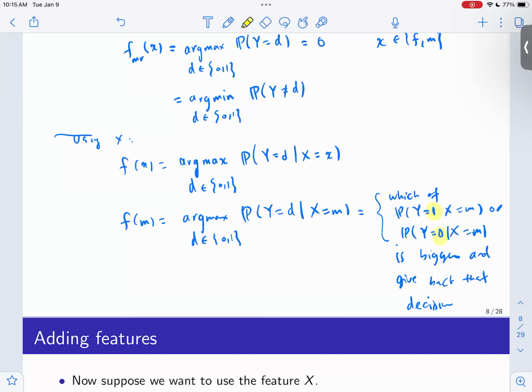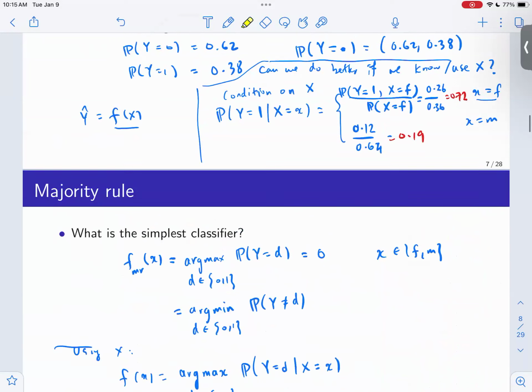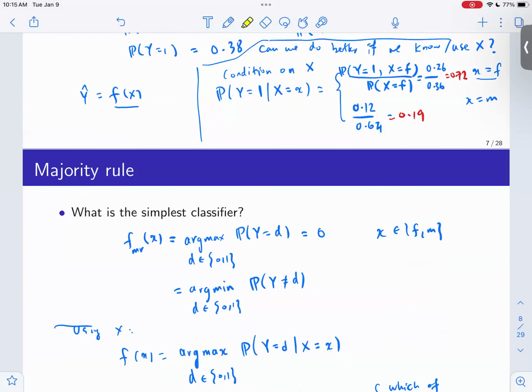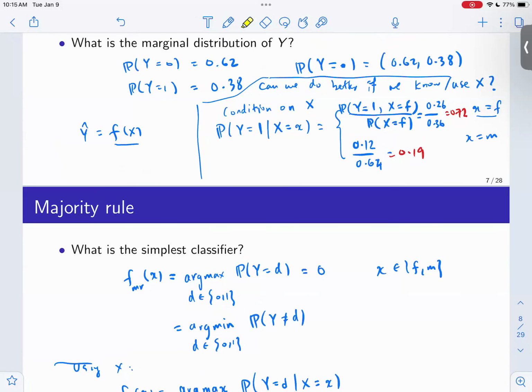Okay, going from this to that, I did it a little bit quickly, but just think about it. This is just a mathematical way of writing this simple rule. You condition on X, look at the probability that Y is equal to 1, and also Y equal to 0, which I'm not showing because it's easy to do in your head. Out of these two probabilities, whichever is bigger decides the decision that you make. This is the intuitive thing to do.